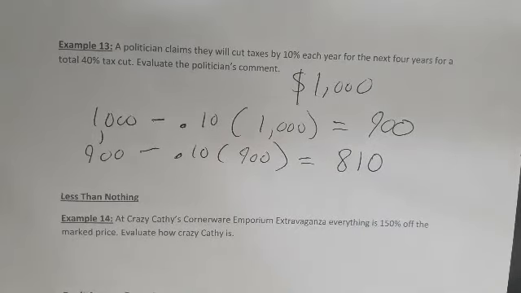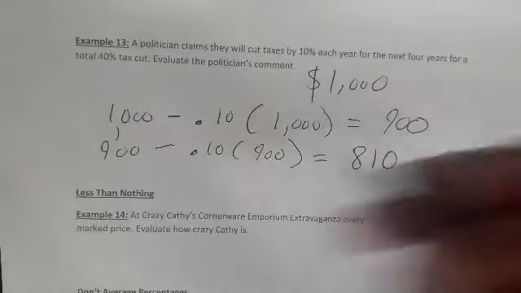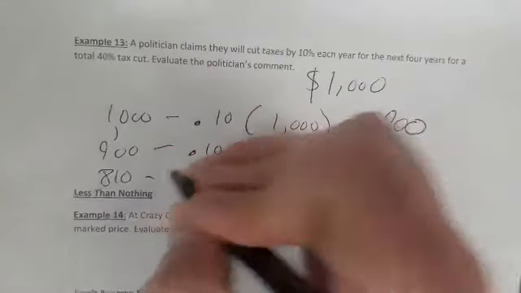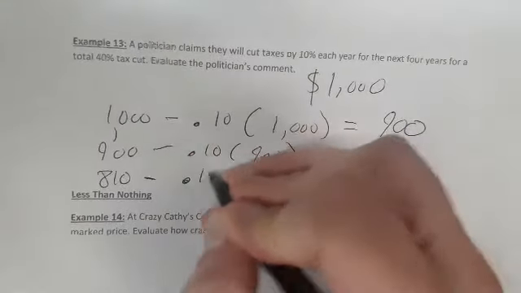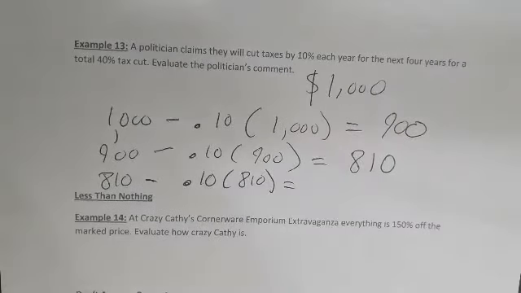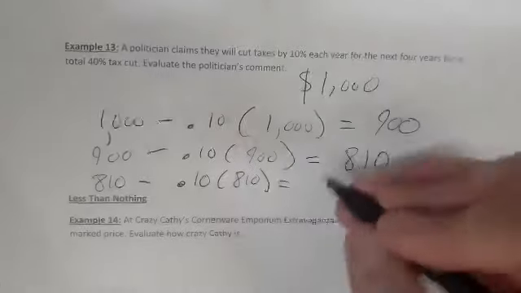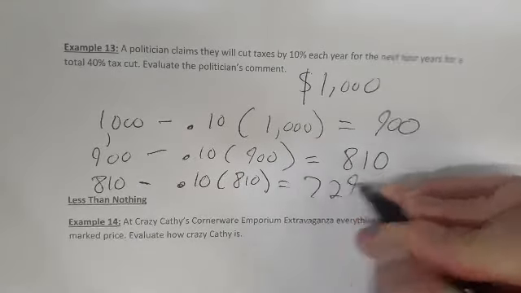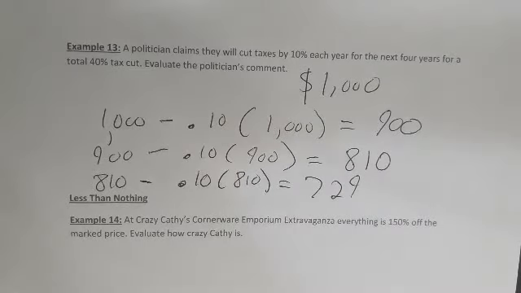Okay, now I'm at 810, and I'm reducing it by 10%. 10% of what? Now I'm at 810. So 810 minus 10% of 810, which is 81, is 729. You might notice this is not going down by 10% each year.